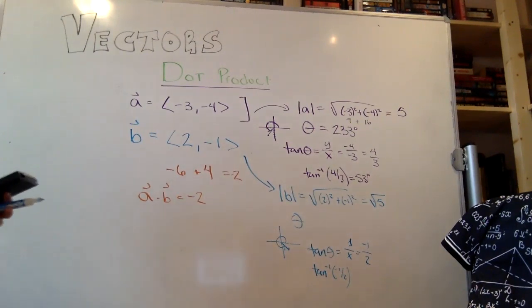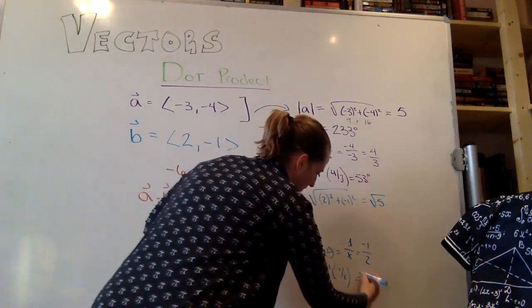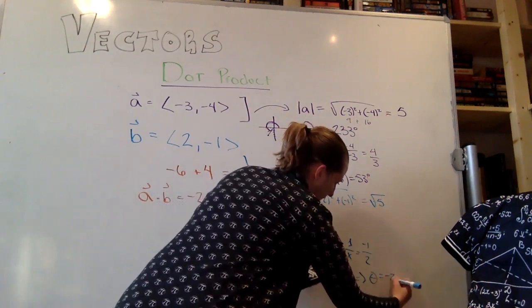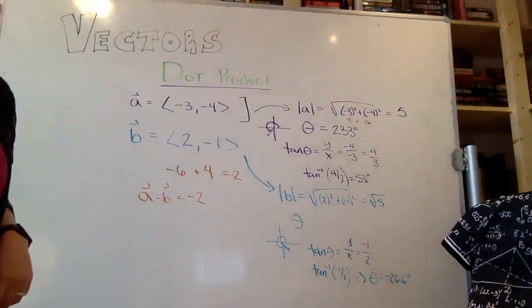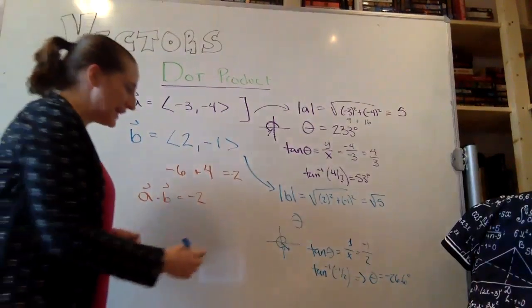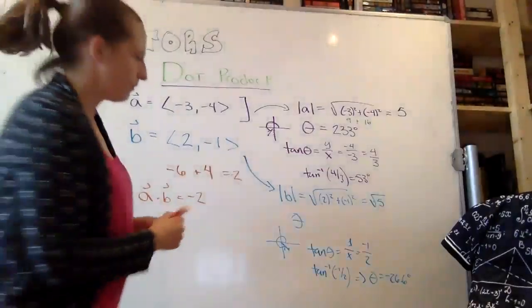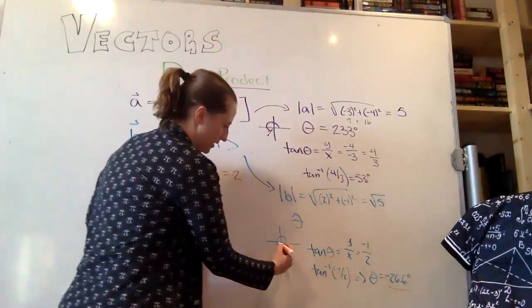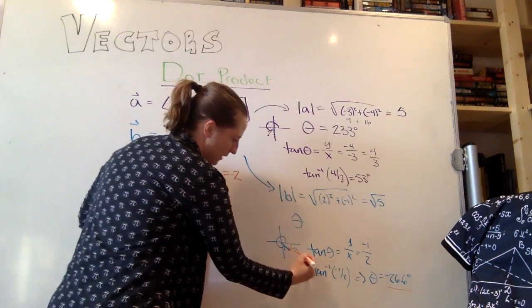That gives me -26.6. So this gives me theta equals -26.6 degrees. Okay. Now that actually gets me in the correct quadrant, right? The -26.6 means I'd start here and go backwards. So that gets me to the right quadrant.